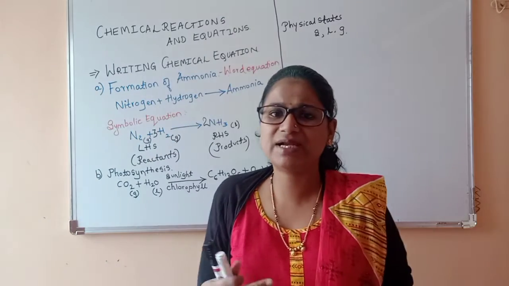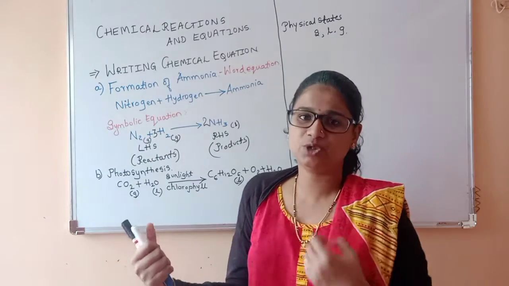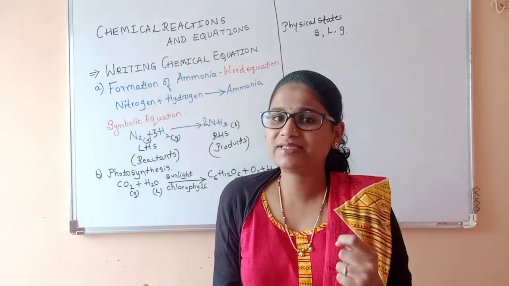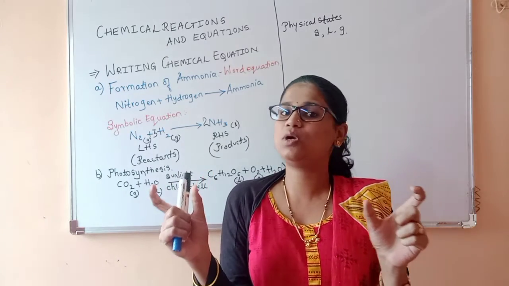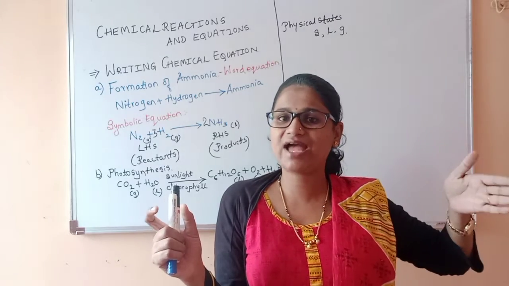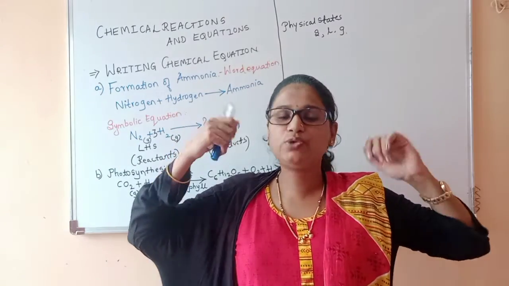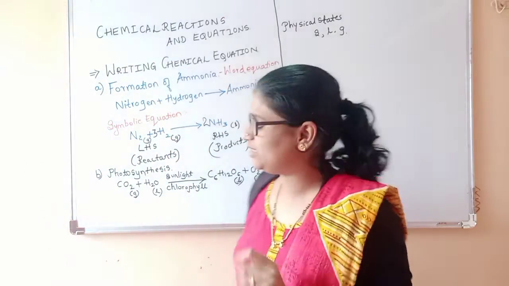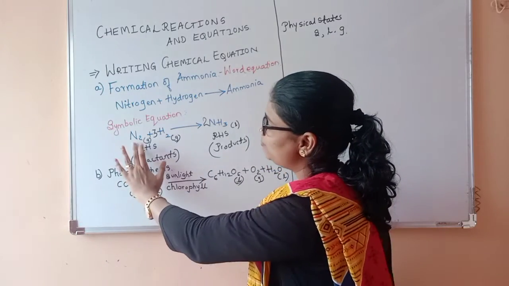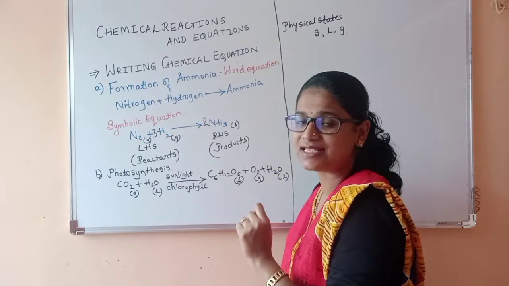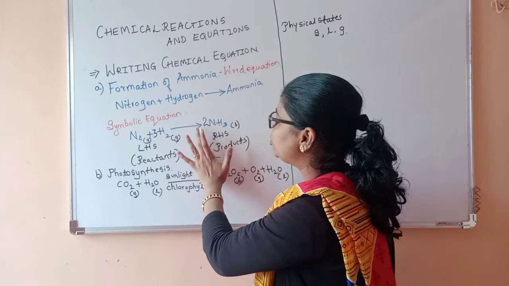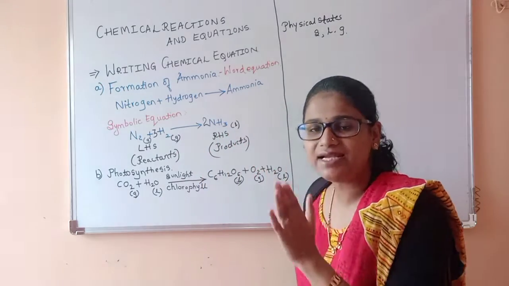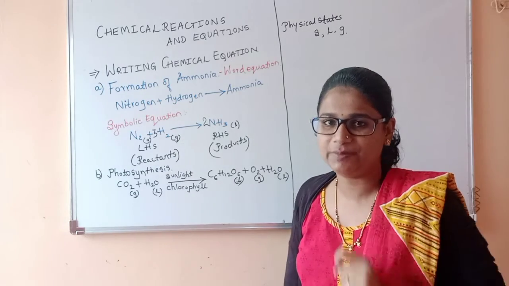This is nothing but the mathematics in the chemical equation. According to mathematics, LHS should always be equal to RHS. Like that only, in a chemical equation, the number of atoms of a particular element on the left hand side should be equal to the number on the right hand side.